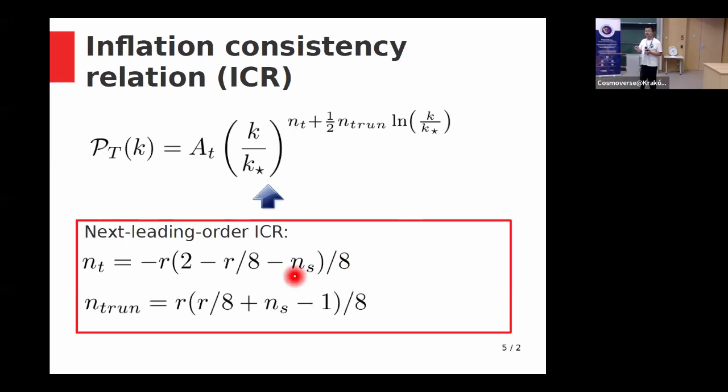The key choice is that we consider the second order, the next-to-leading order inflation consistency relation. And it's easy to see that here the tensor spectral index and its running can act as functions of the tensor-to-scalar ratio r and the spectral index n_s.